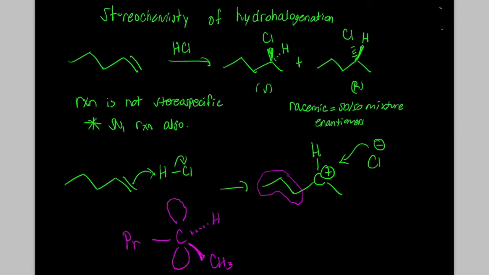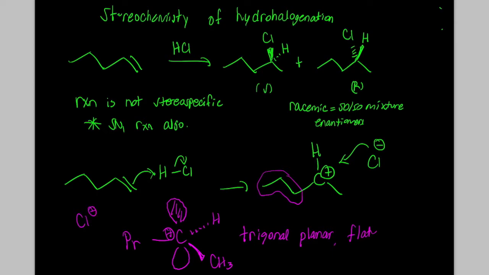And this is a trigonal planar flat molecule. You might shade the orbitals differently, red and blue, if you have really nice crayons or something. And it's a positive charge, right? And the chloride can attack from the top face or the bottom face, giving you the two different enantiomers.